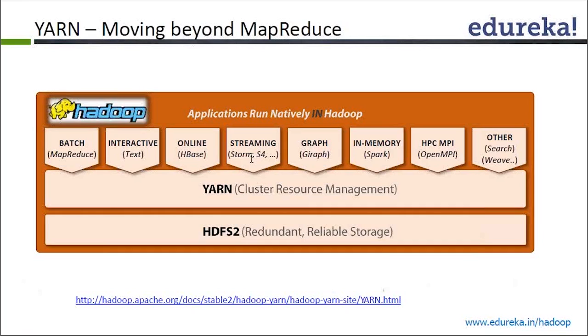It's basically a big enhancement in terms of how you manage the cluster. And the company which significantly contributed to this project is Hortonworks, with founder Arun Murthy. They were the guys who separated and started contributing this YARN architecture.